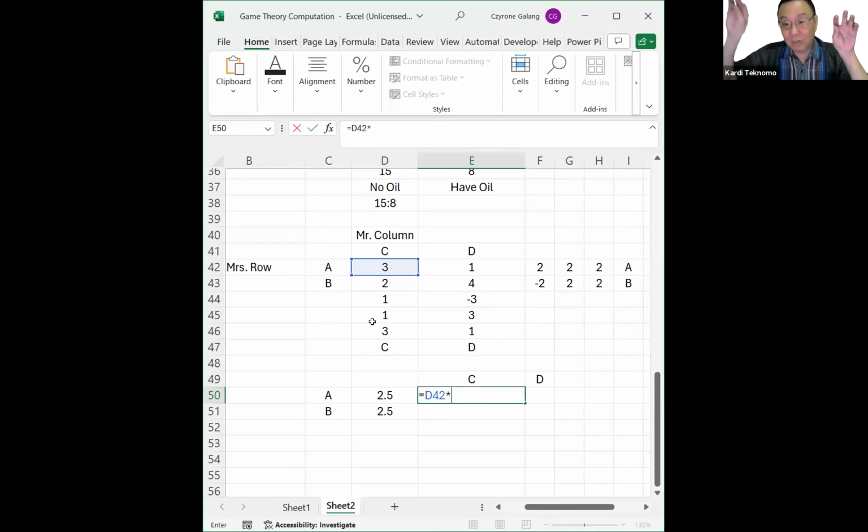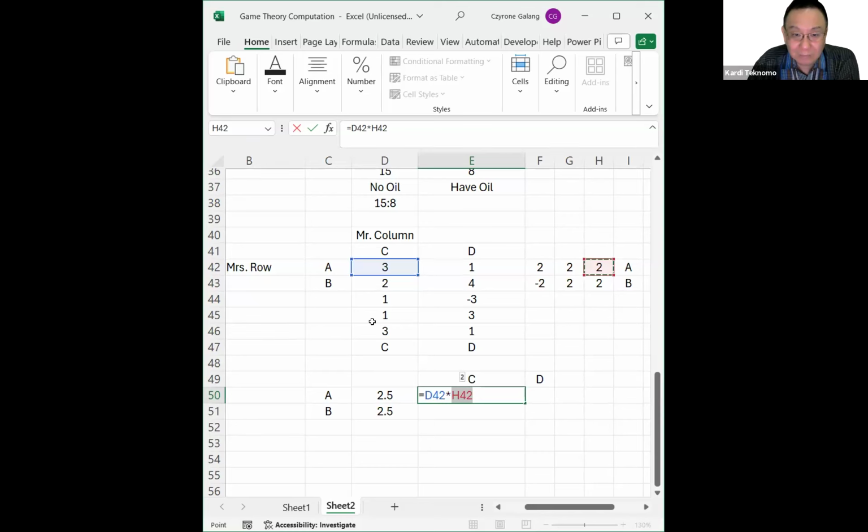The art multiplied by payoff, and then the other art multiplied by the payoff. So in this case, you have D42 multiplied by H42. Times H42. Okay. Plus.